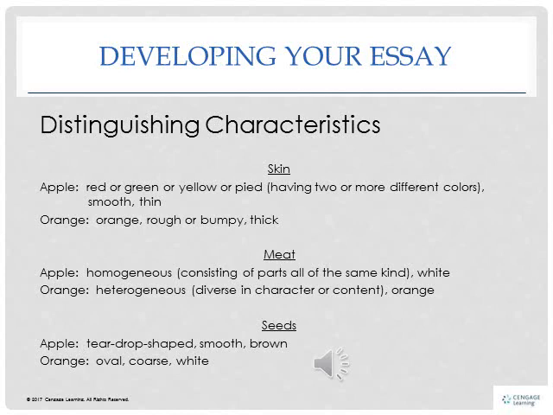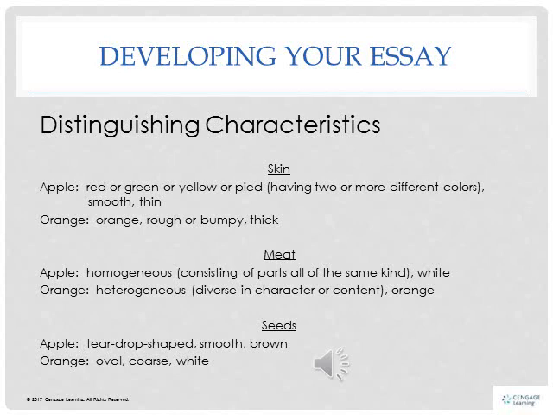So in this case here, obviously we're talking about skin, and so let's say the apple, of course, is red or green or yellow or pied, which means having two or more colors. You see this in Macintosh apples and other apples of that sort. The skin is smooth and the skin is thin.